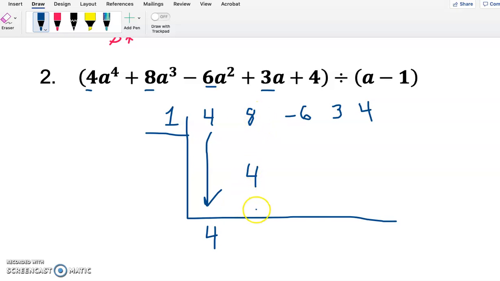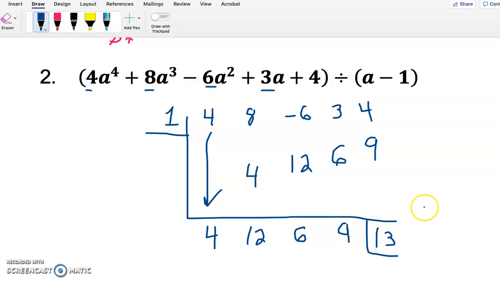So 8 plus the 4 is 12. 12 times 1 is 12. -6 plus 12 is 6. 6 times 1 is 6. 3 plus 6 is 9. 9 times 1 is 9. And the 4 plus 9 is 13. And remember that last number represents our remainder.